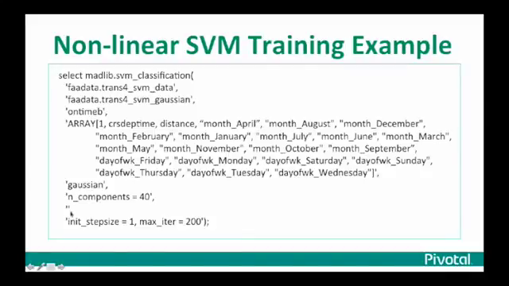The empty quotes here is a placeholder for a skip parameter. And then we see some optional parameters such as initial step size and max iterations to limit processing in case convergence does not occur within a reasonable number of iterations.